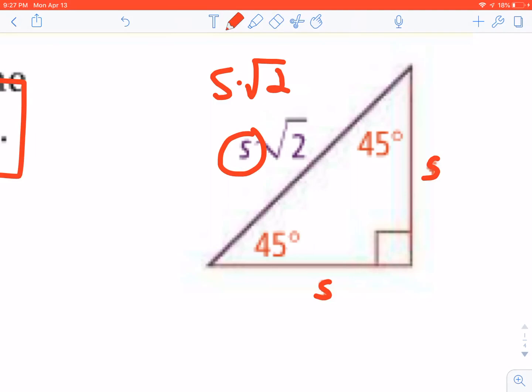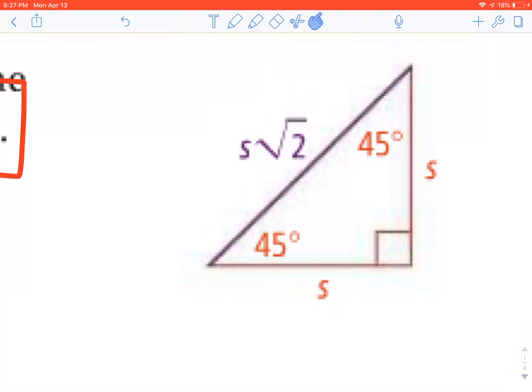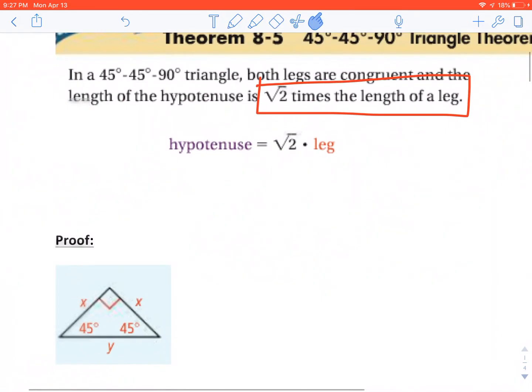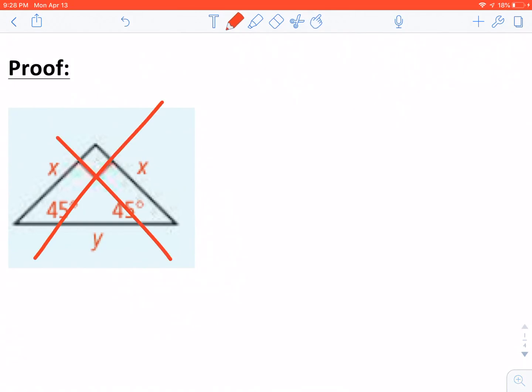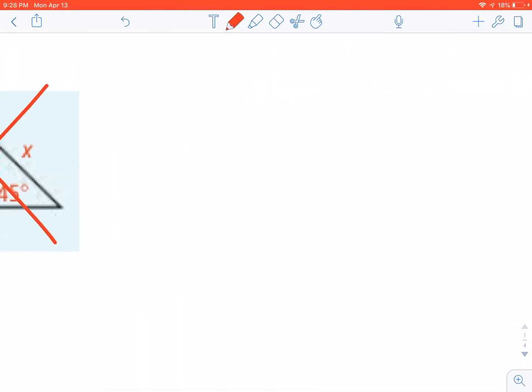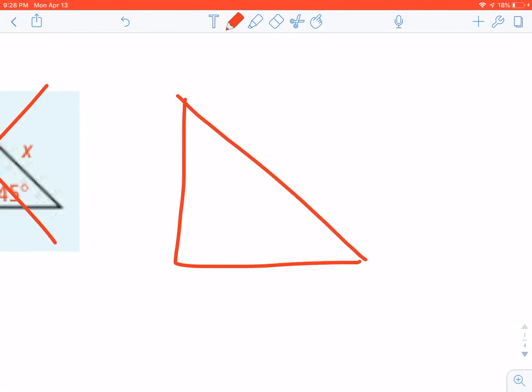Okay, so I'm going to do a couple of off-script examples here to help you see what I'm saying. Down here where the proof is, we're not going to do the proof. But let's draw ourselves a picture here. Let's say that I give you this triangle, and let's say that I tell you that one side length is 2.